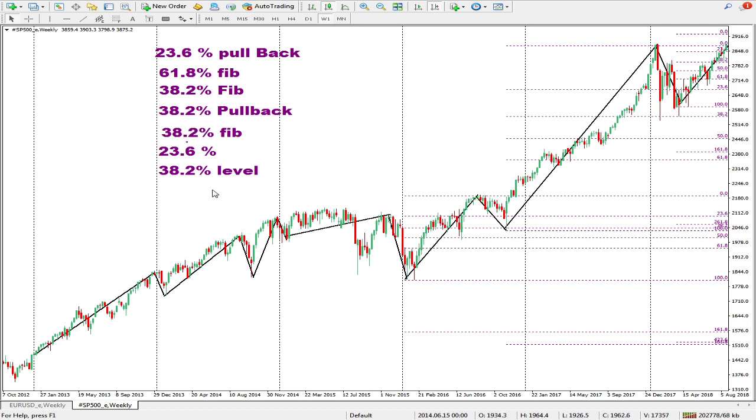So we want to get an average first, then we know exactly at what point price normally pulls back to. That's just the average price. Let's see.